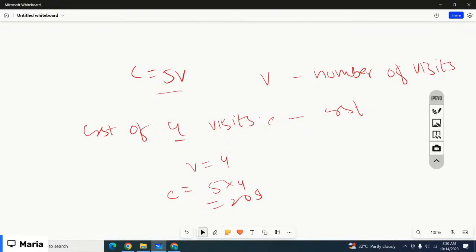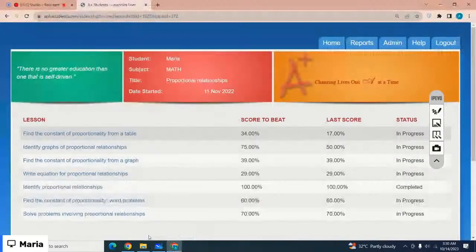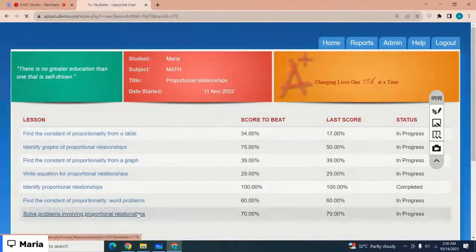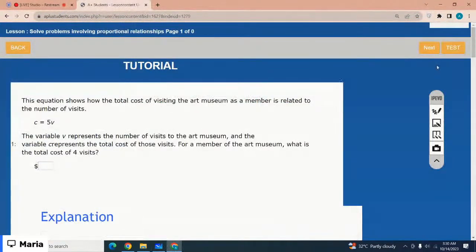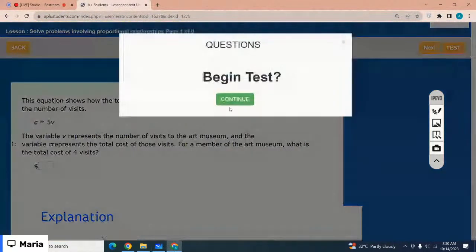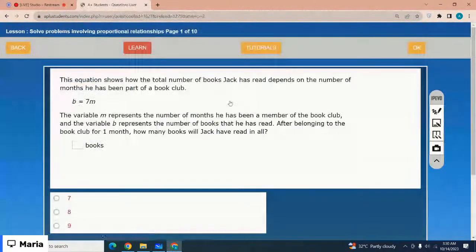So let's start with the practice questions from the lesson. The equation shows how the total number of books Jack has read depends on the number of months he has been part of a book club.